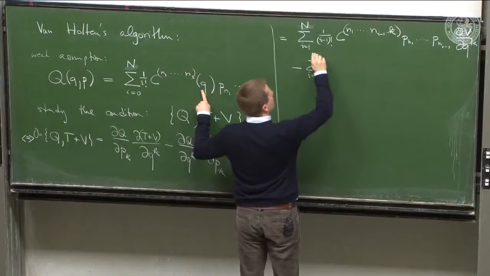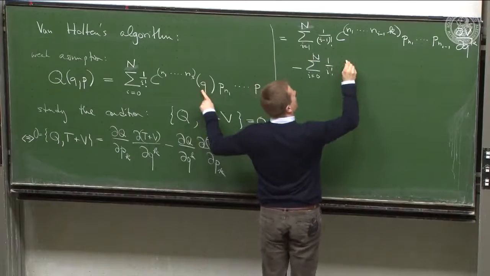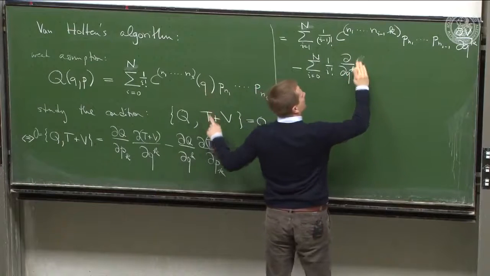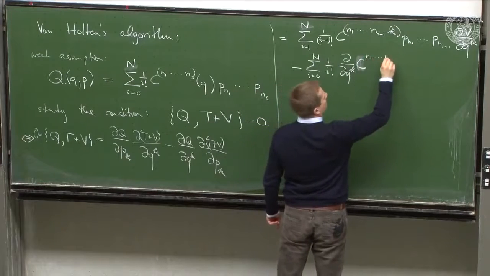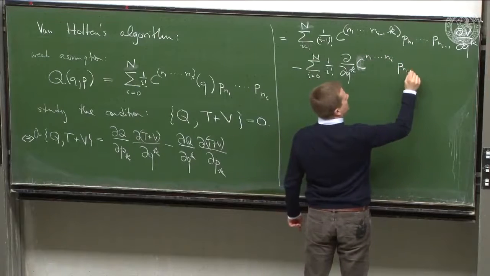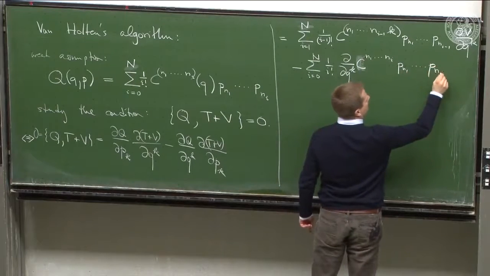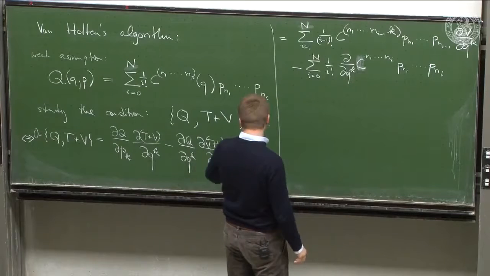That's the sum from I equals 0 to n, 1 over I factorial. And now d by dqk of just the coefficients c, n1 to ni, of course still all symmetric, and all the p's remain because nothing happened to them, p n_i, times.